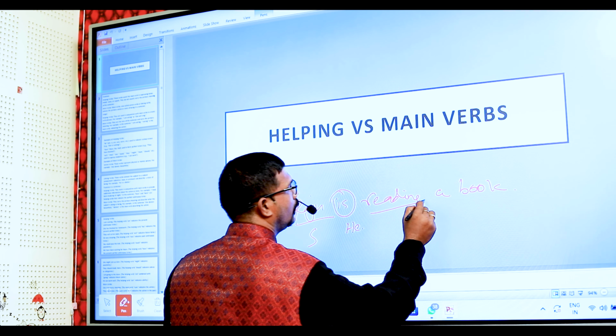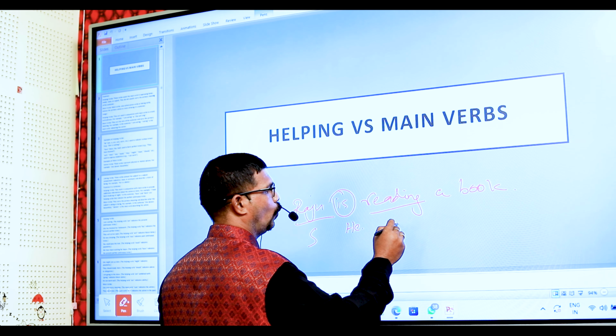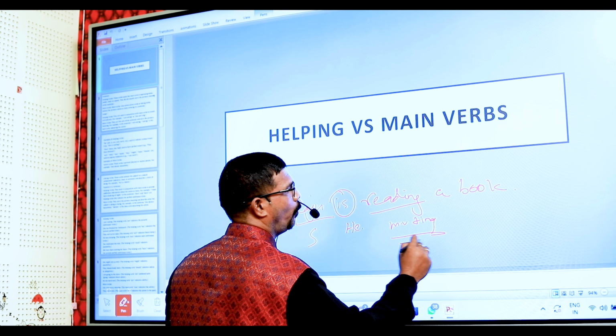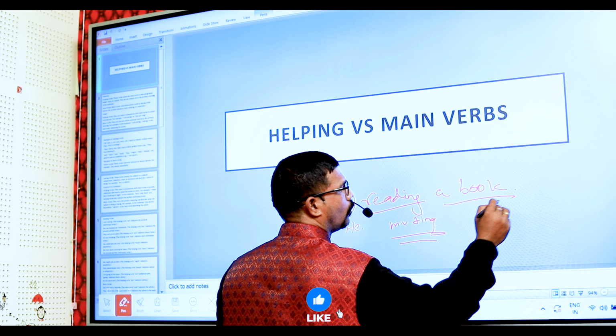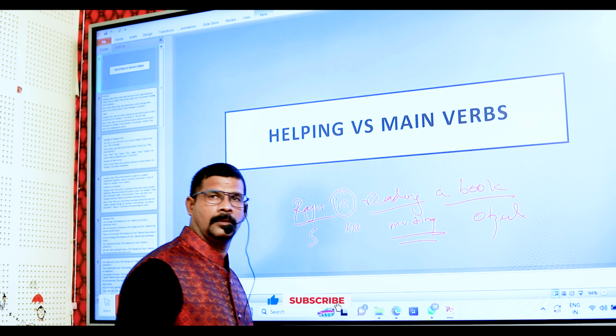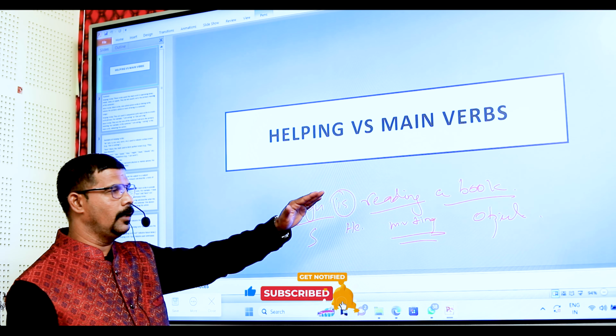And reading is the main verb plus ing, the continuous formation, and book is an object. We learned. Clear? Raju is reading a book.